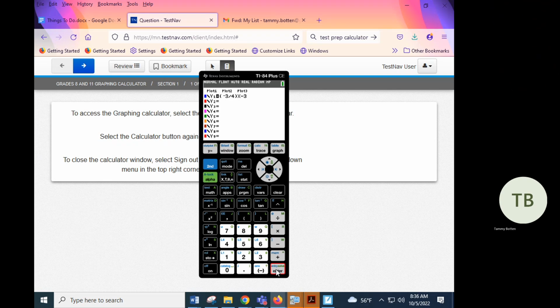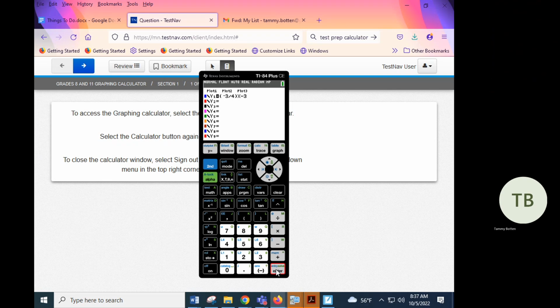Oh, that's my y-intercept. Okay, so the negative key is to the left of your enter. The x is to the right of your green alpha.